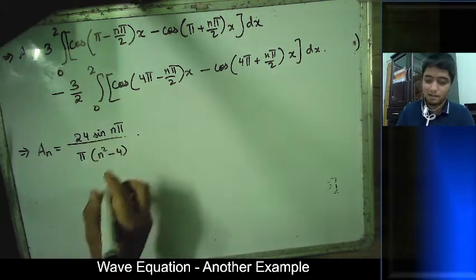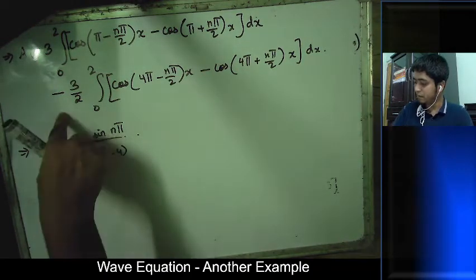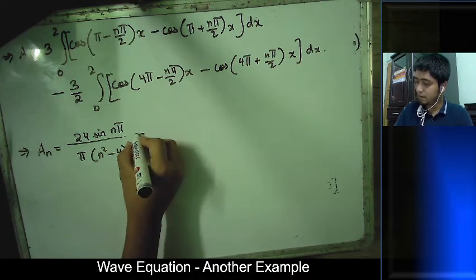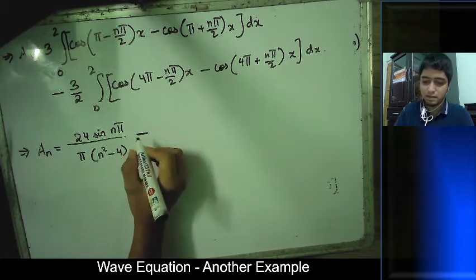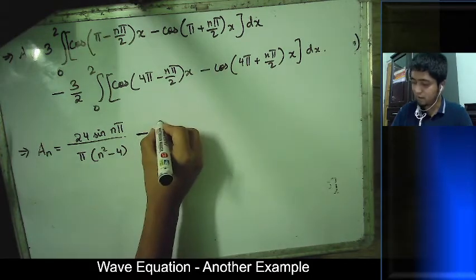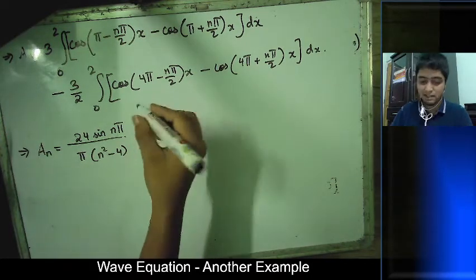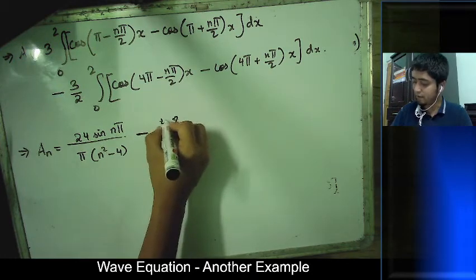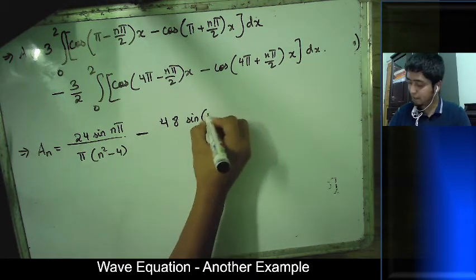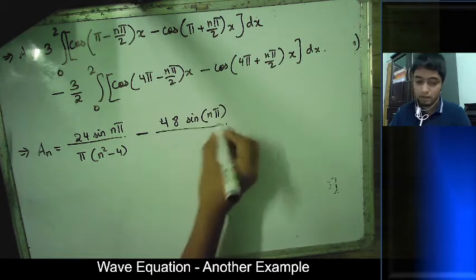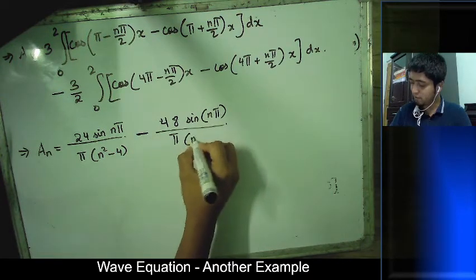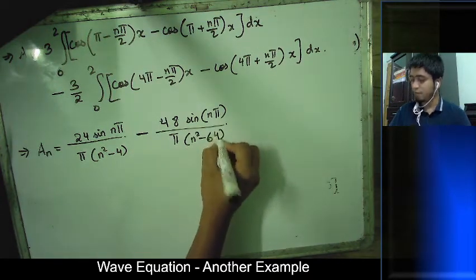And for the second integral it will be minus 3 into 16, which is 48 sin(nπ) divided by π(n² minus 64).